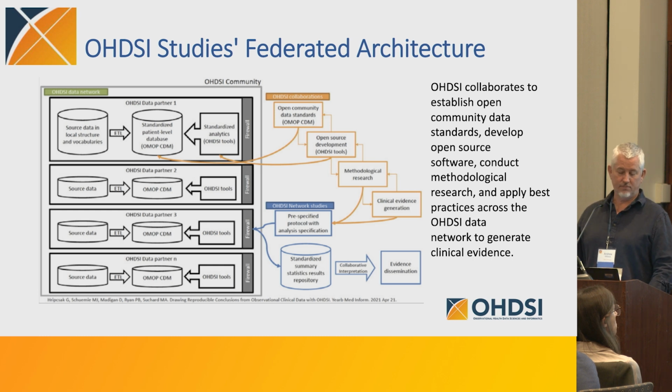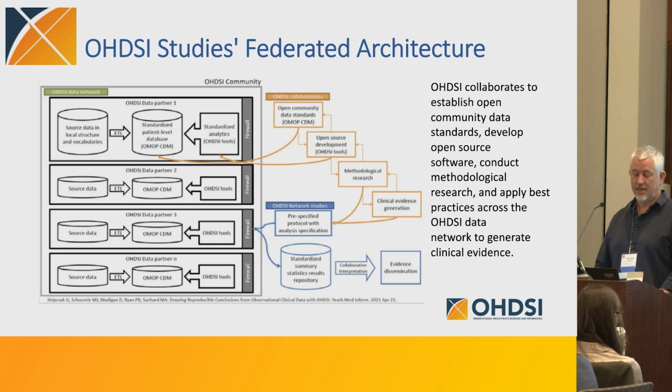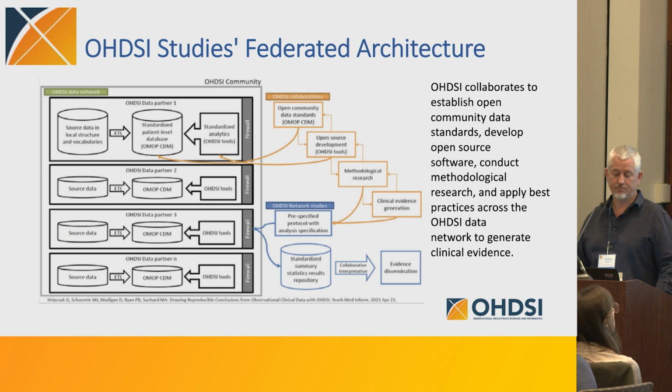This is a slide many of you are familiar with, stole it from George and or Patrick, I'm not sure. But on the left-hand side, you'll see the individual data holders in that big square. There's 4 of them listed there, each of which has their data in an OMOP common data model. Standardized analytics are brought to that harmonized data, the source data brought in through an ETL, and then the standardized analytics are applied to it, and those are shared centrally.